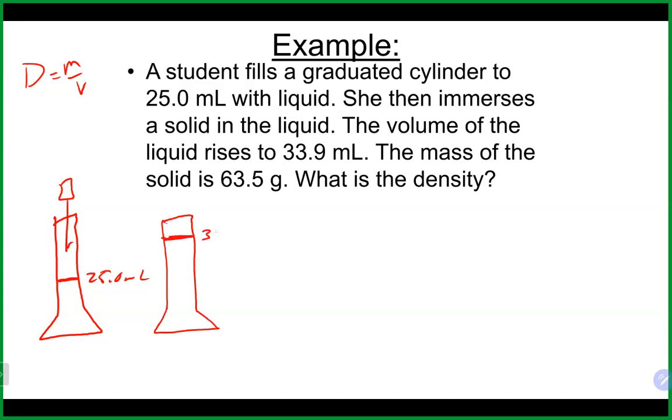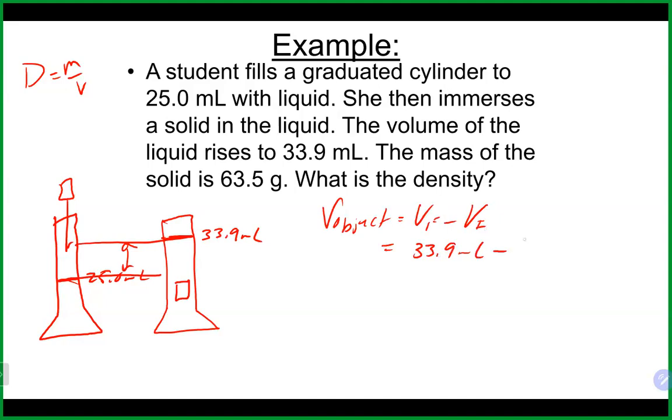That raises the volume to 33.9 milliliters with our solid in there. So once again, the difference between these two will give us the volume of that object. So our volume here will be our final volume minus our initial. That's going to give us 33.9 milliliters minus 25 milliliters, which gives us 8.9 milliliters.